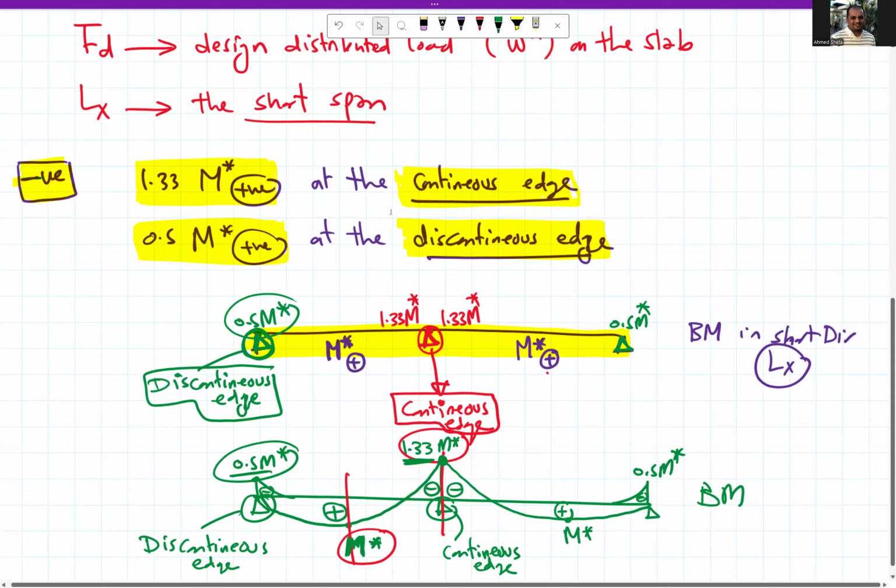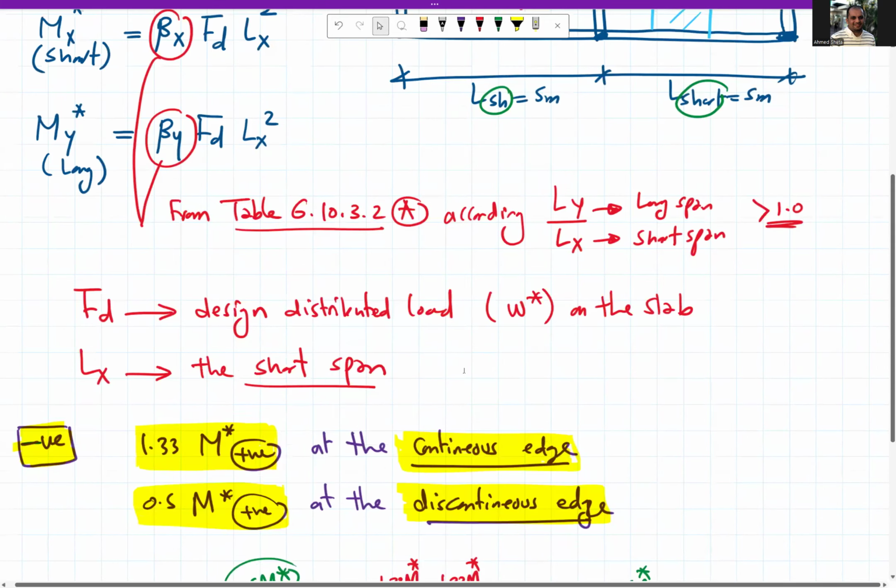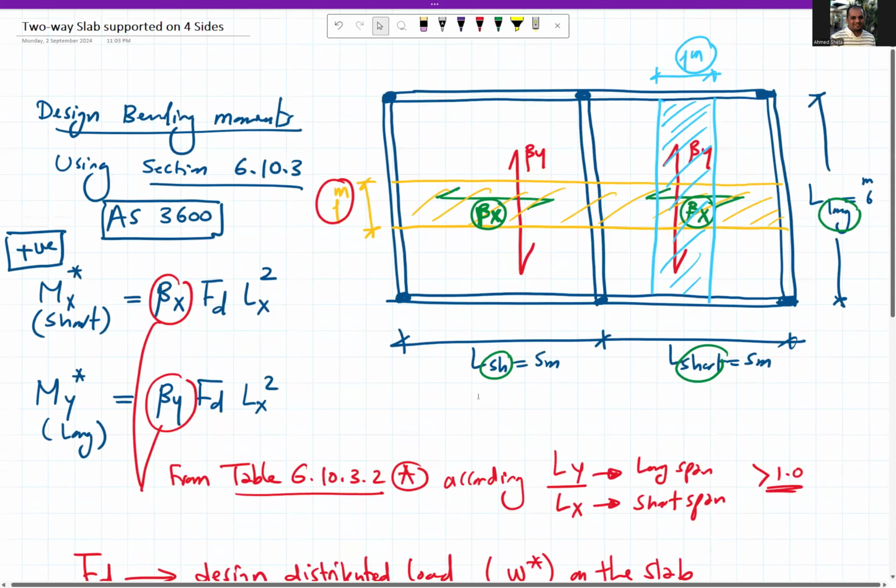Okay, so this is how to interpret the information from the standard.